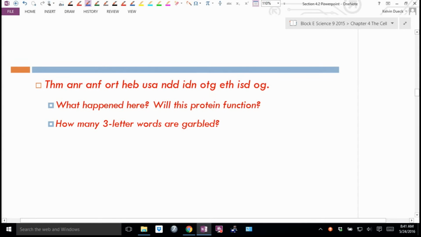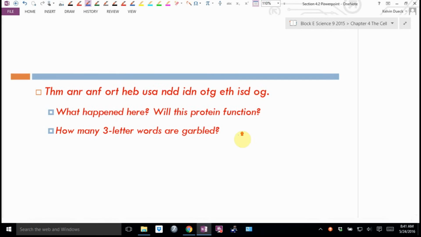Can you see what happened here? How is this sentence different? Well, we lost 1 base pair in our DNA, and because the cell system still reads in groups of 3, it's still putting them in groups of 3.